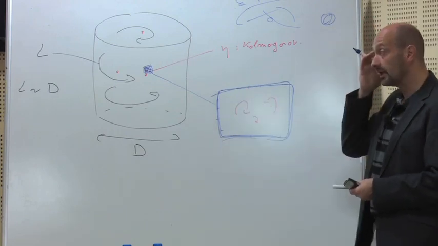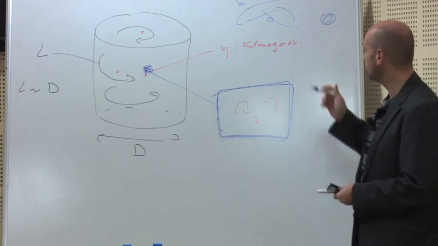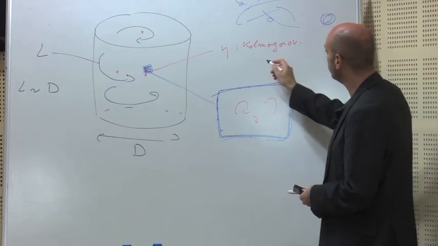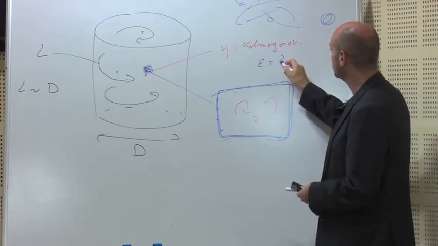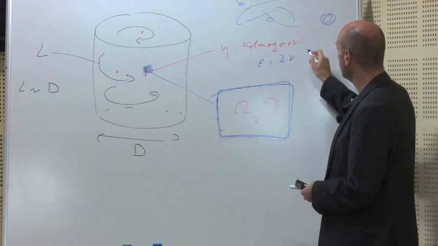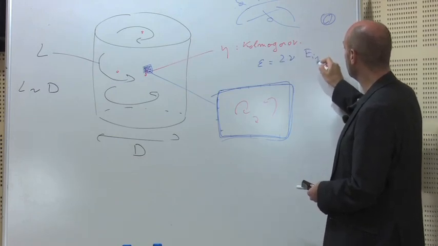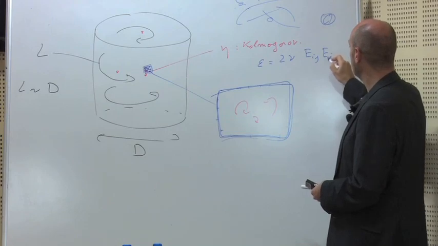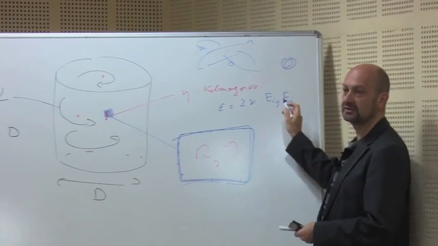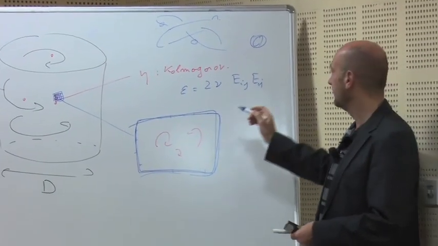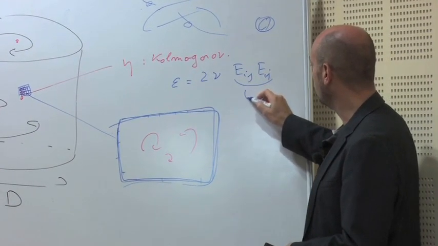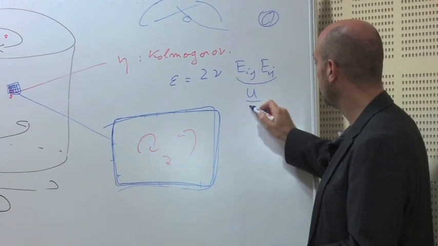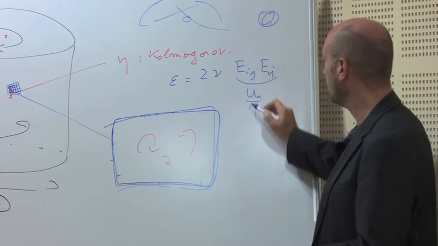If you look at the Navier-Stokes equation, the rate of dissipation, epsilon, can be written like 2 nu times EIG. You remember EIG, this is the rate of deformation of your flow, and it is proportional to U over eta, so U_eta over eta.